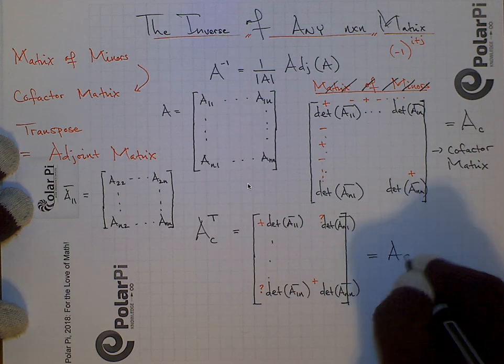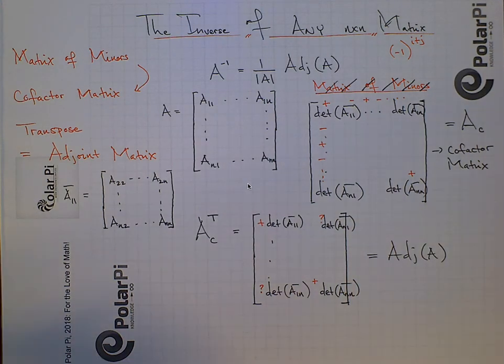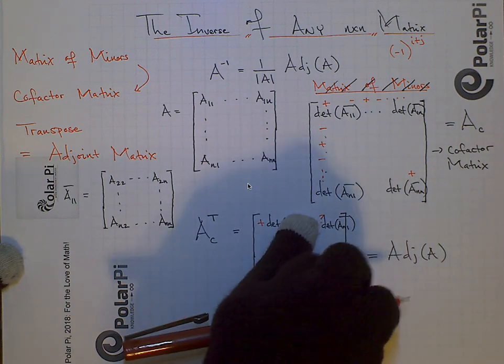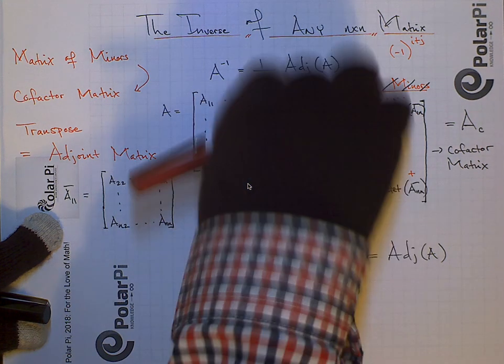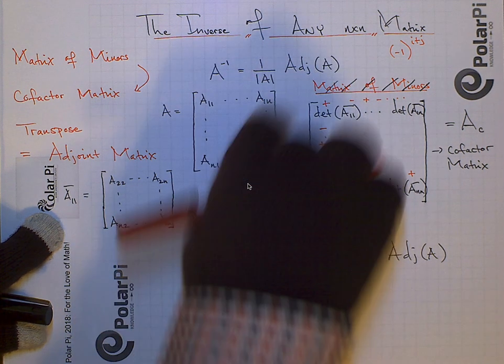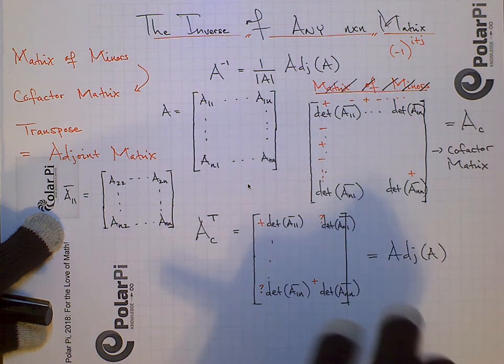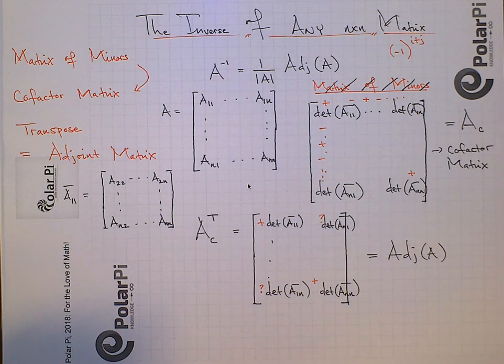So this is adj A. And all that's left to do is take adj A, which is this matrix here, and multiply it by the constant 1 over the determinant. So you find the determinant of A, and then you do 1 divided by the determinant of A, and multiply this adjoint matrix, at which point you have the inverse of your matrix A.